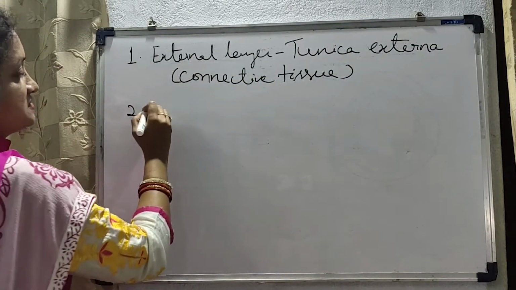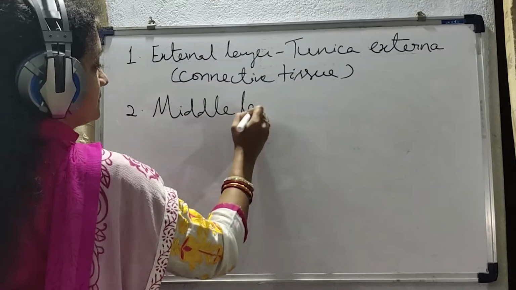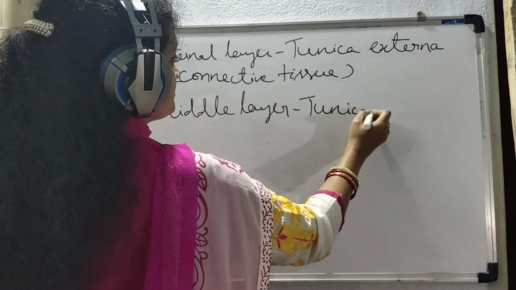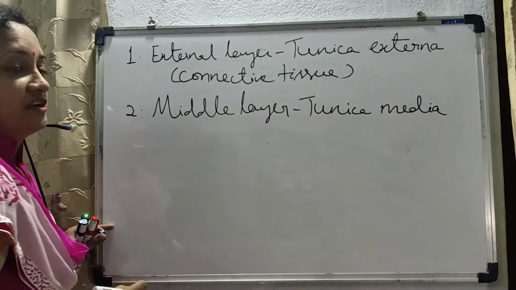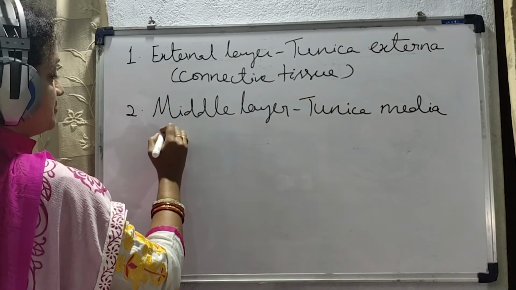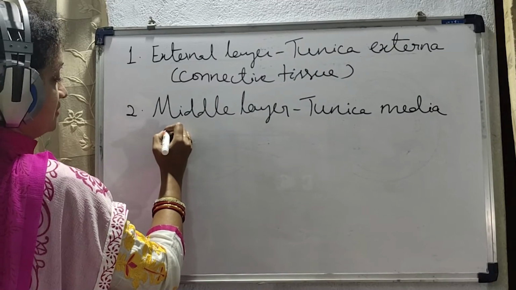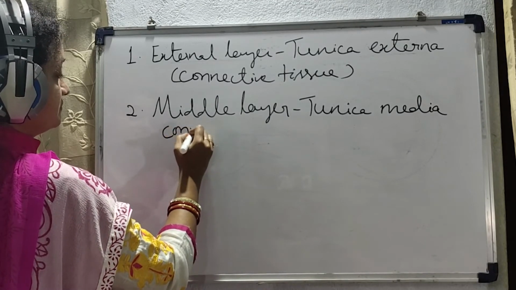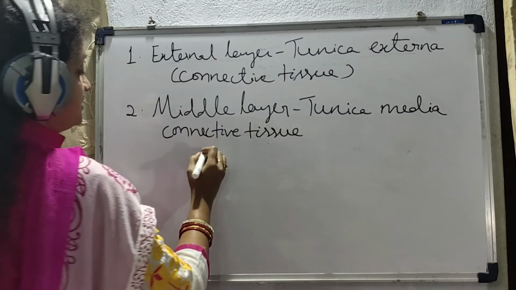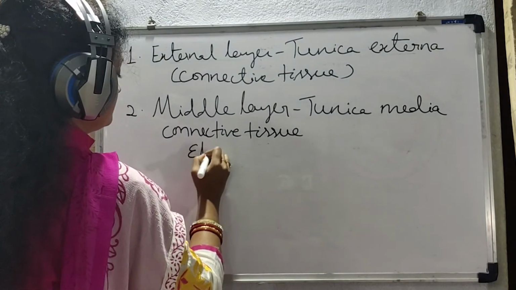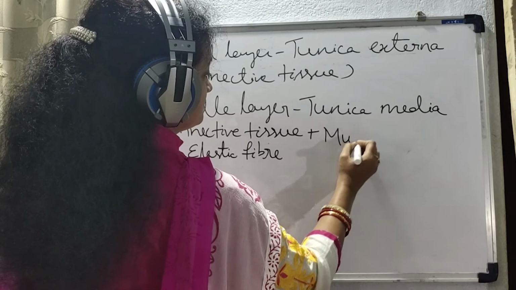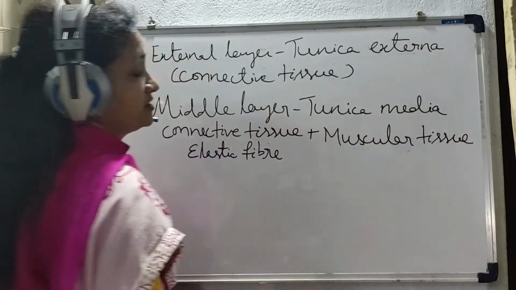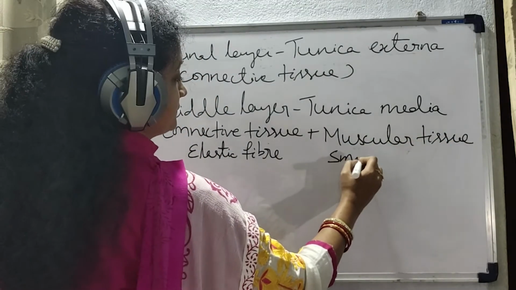Number 2 is the middle layer, called tunica media. It is composed of two types of tissues. One is connective tissue, that is elastic fiber, and the other is muscular tissue, that means smooth muscles.